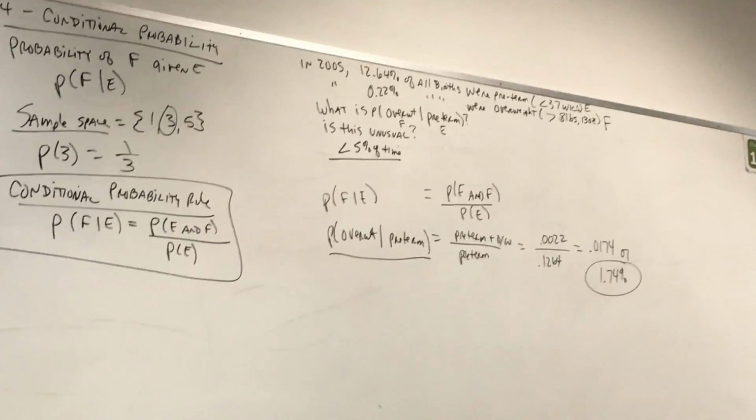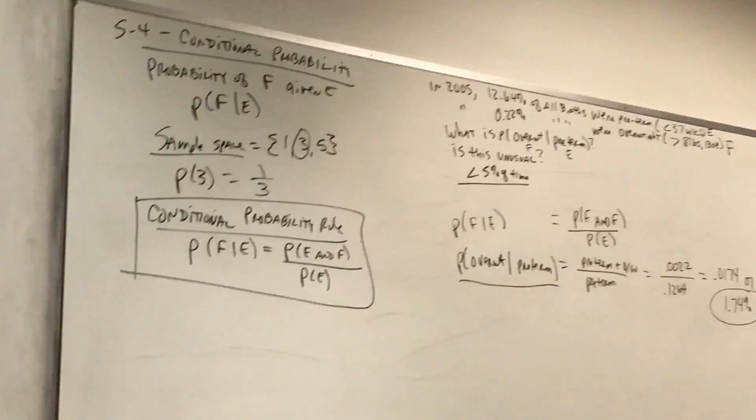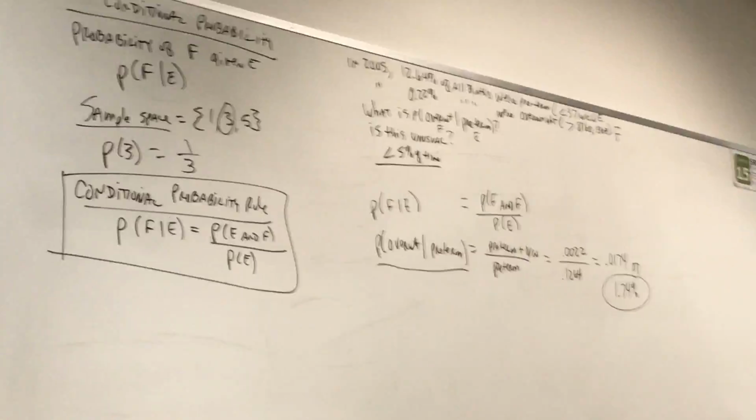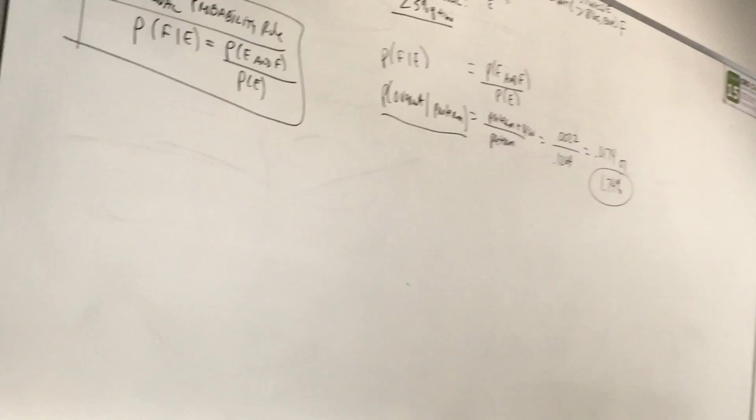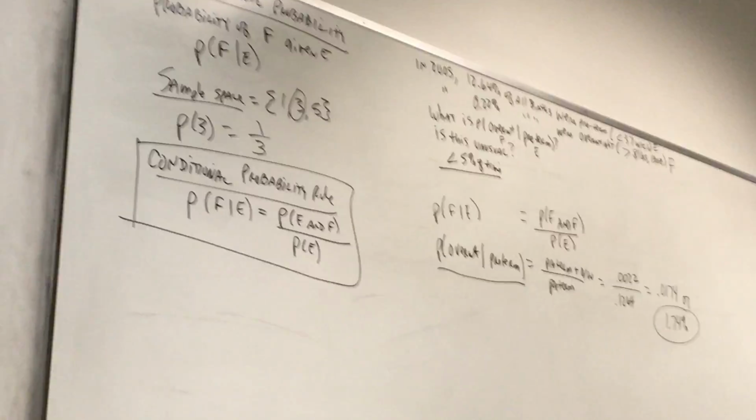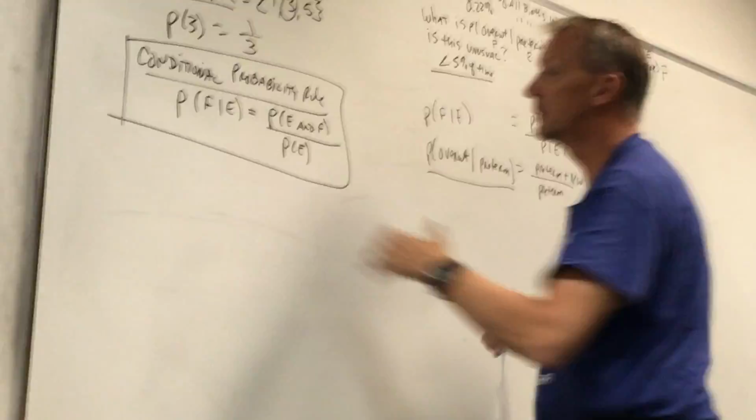No. So if they aren't mutually exclusive, we would use this rule. So we do 0.0022 plus 0.1264 divided by 1.1264. No. We're going to do our conditional probability rule.